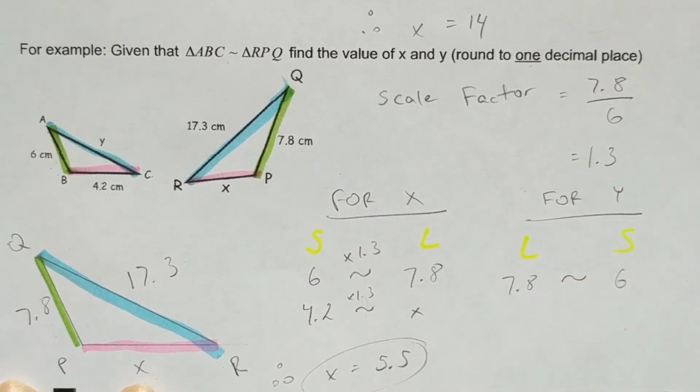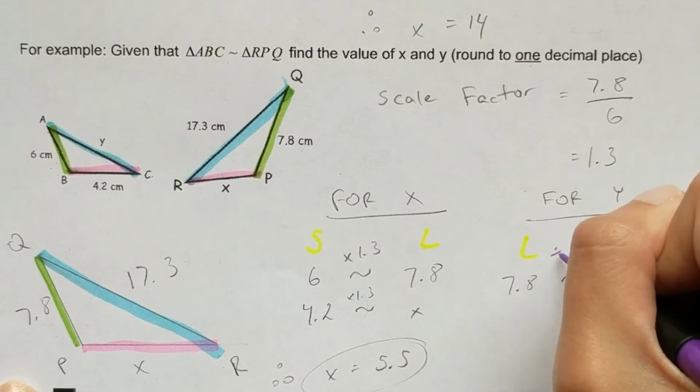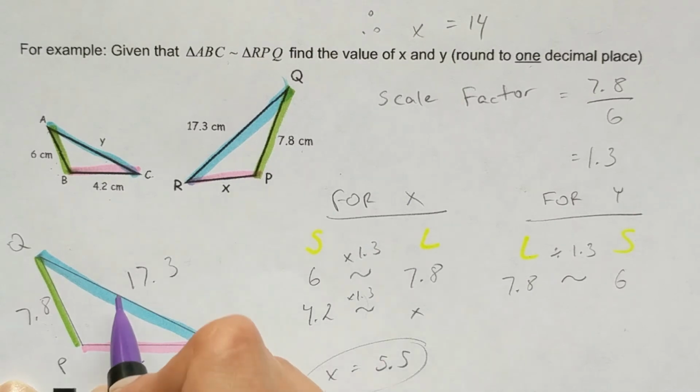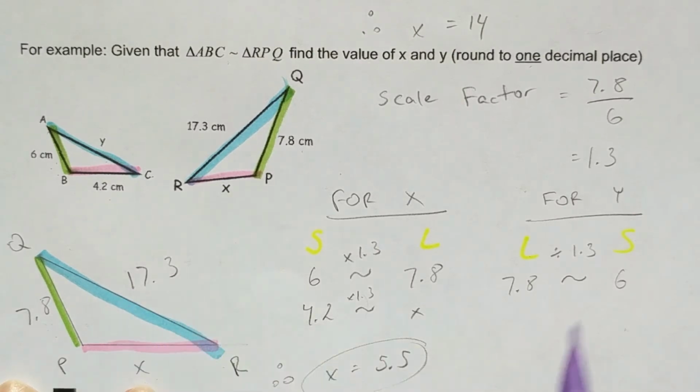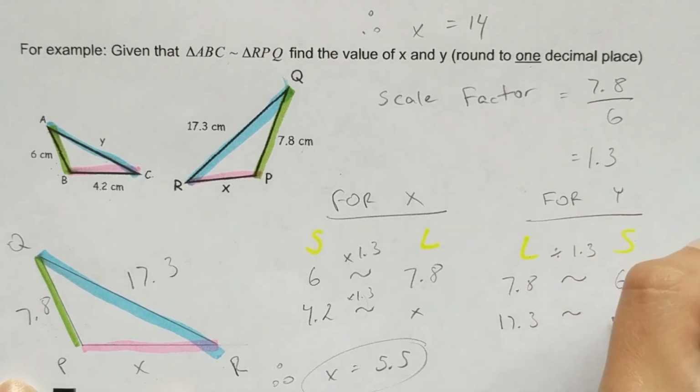They are similar. And this time, because I'm going from large to small, I divide by my scale factor, which is 1.3. In order to find Y, I need to match up the blues, so I say my large triangle is 17.3, and that matches up with Y.